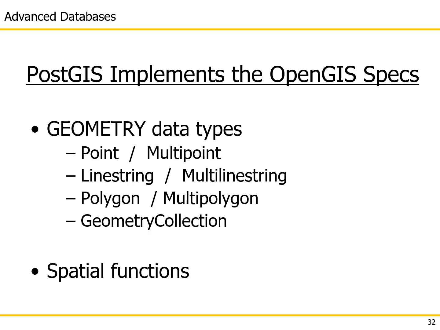So when it comes, for example, to the data types, it doesn't just support points and polygons, which are the two basic ones you need. It also supports lines and geometry collections, and multi-lines as well, and multi-polygons and multi-points. So it supports a lot of types. And it has hundreds of spatial functions. So I'm going to show you some of them, just so that you get a sense of how you work with them and you see how flexible PostGIS is.